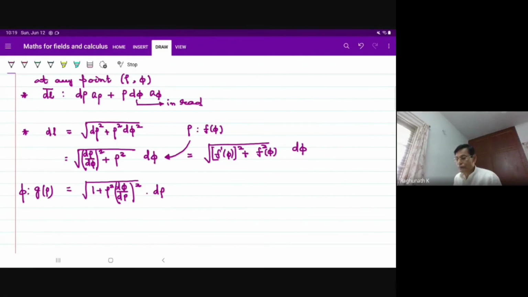Then length is always a single integral in which only one variable is independent. This is again equal to root of 1 plus rho squared into g dash of rho squared, d rho, while calculating the length of the curve defined in this coordinate system.